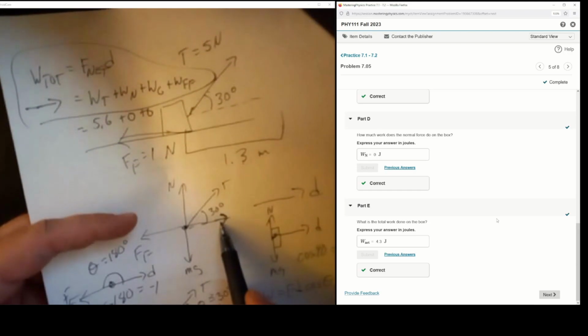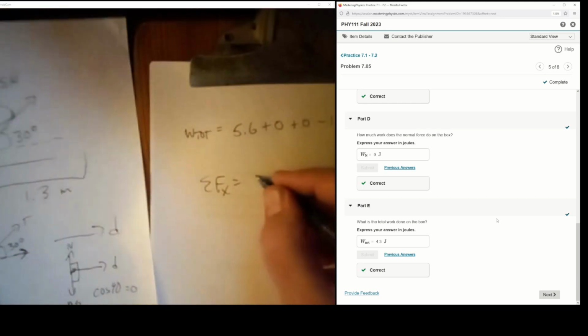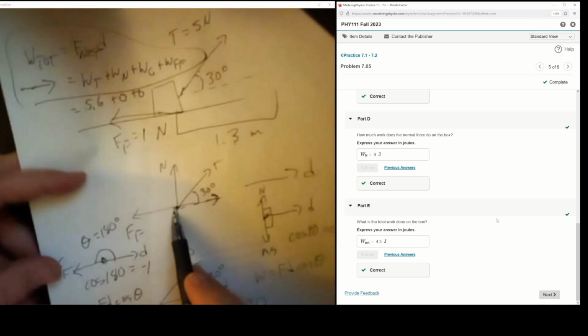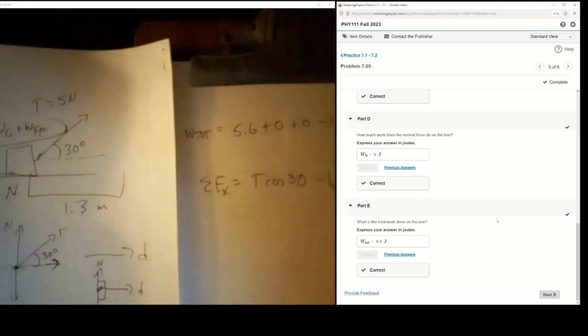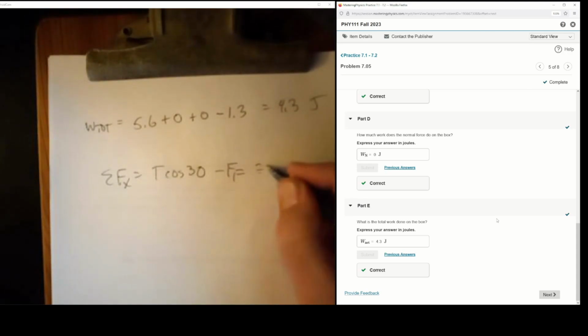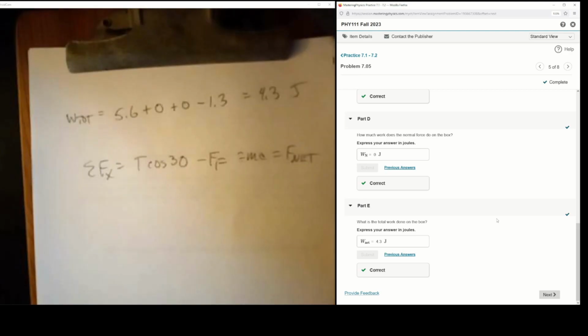We get the adjacent from cosine, so this adjacent here is T cosine 30. That's to the right. To the left is friction. And Newton says this has to equal ma, ma here being the net force, because the sum of the forces in the y direction is 0. So the net force is all coming from the x direction.